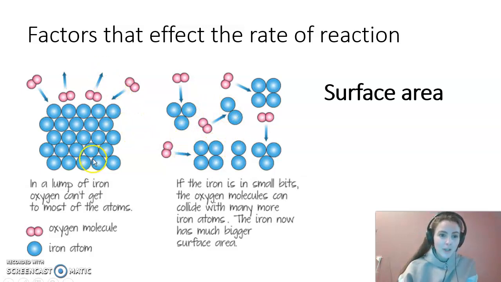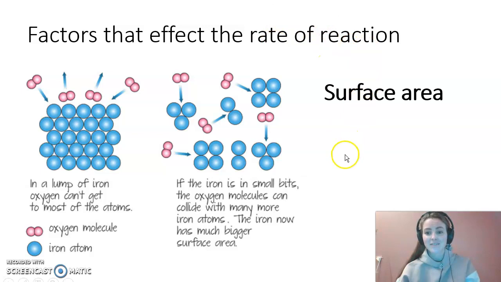When we cut this iron into multiple pieces, we increase the surface area. Before, the surface area was only around here. When we cut it up, the surface areas are all summed together. More surface area means a higher rate of reaction.